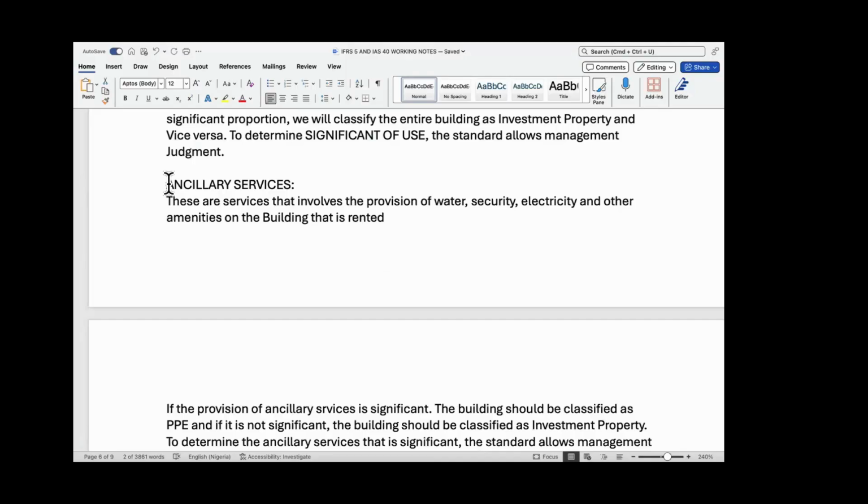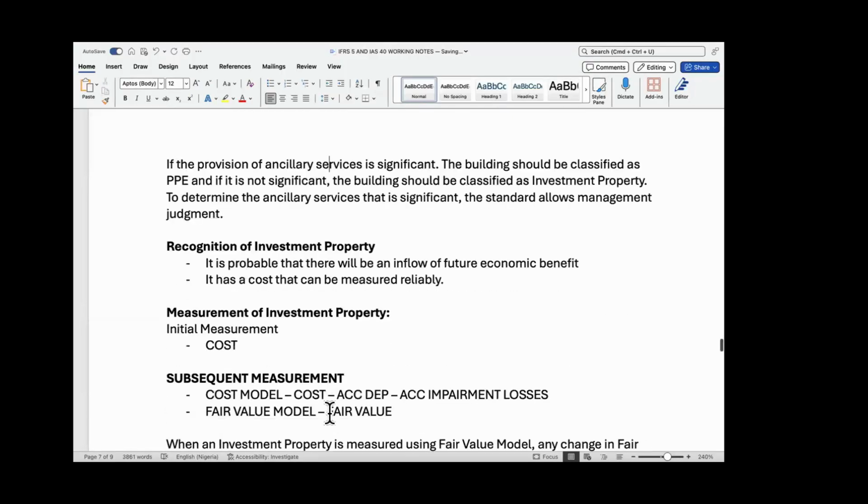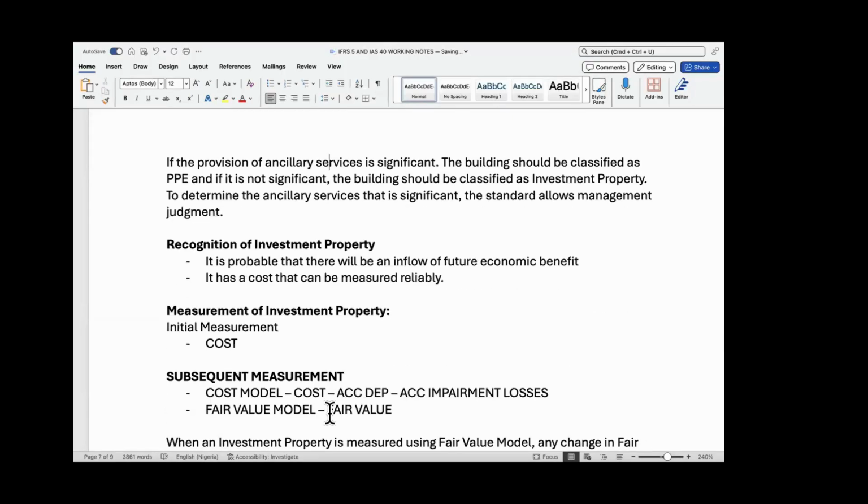Then that is ancillary services. If the ancillary service is significant, if it is major, then the building is classified as PP. If it is not significant, the building is classified as investment property.